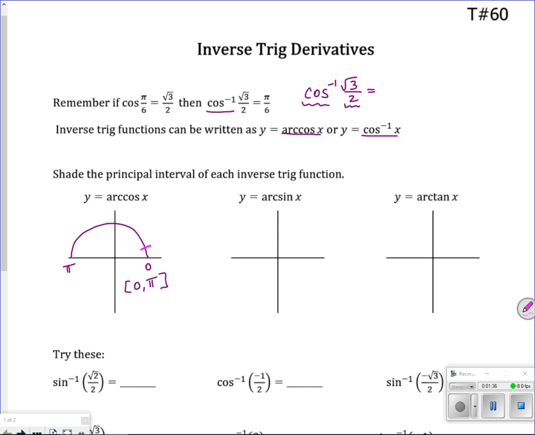For arc sine and arc tangent, the principal interval is quadrants 1 and 4, but what's weird about quadrant 4 is, remember, you have to name those negatively because, again, think of it on a number line. You want a continuous interval on a number line, so you're not going to name it 11 pi over 6.